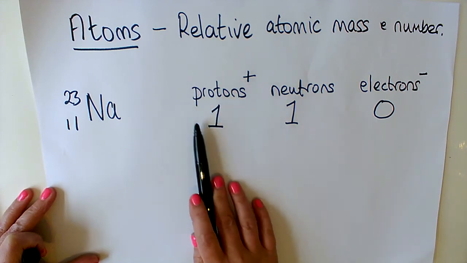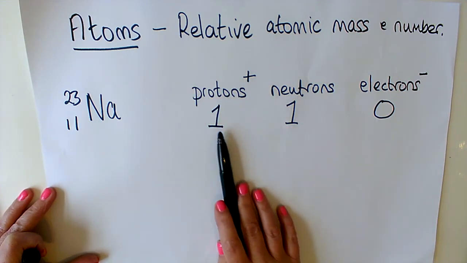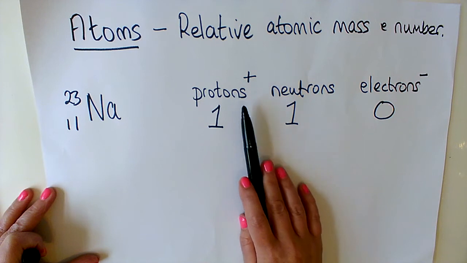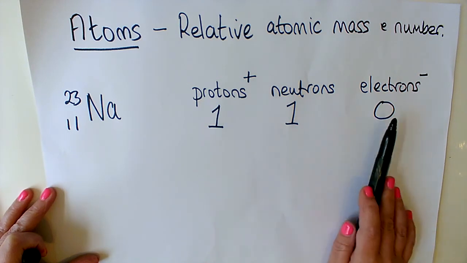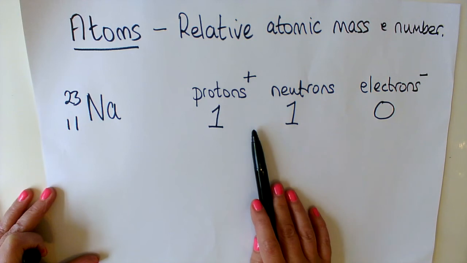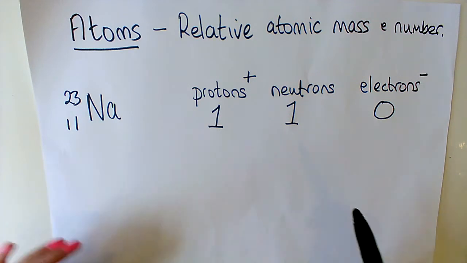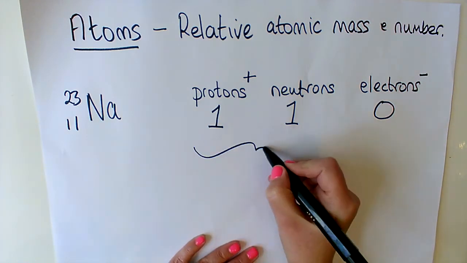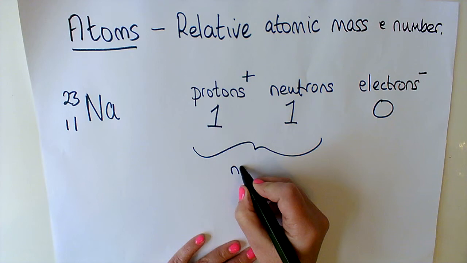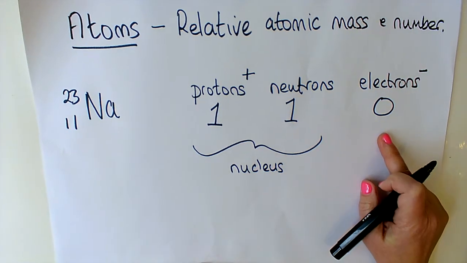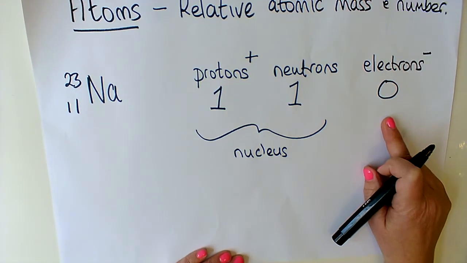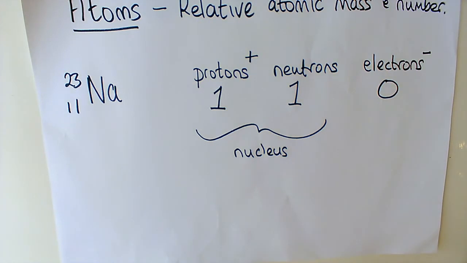These particles exist in the nucleus of the atom. Because there are only protons in the nucleus and not electrons, the nucleus always has a positive charge. These two are in the nucleus of the atom and the electrons orbit around the outside. So how does it relate to the numbers?